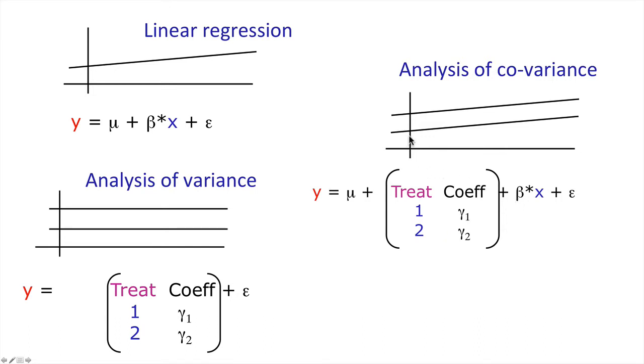So in essence, what we are doing here in the simplest form of analysis of covariance is fitting parallel lines, the difference between these lines representing the difference of the treatments, and the gradients of the lines themselves representing the influence of the continuous predictor.